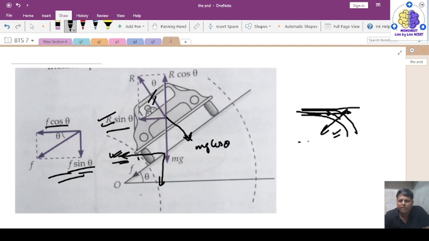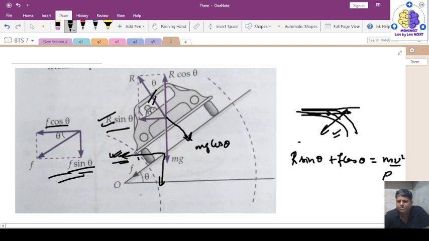So we can say that R sin theta plus F cos theta is equal to mv square upon r, where r is the radius, small r, right?